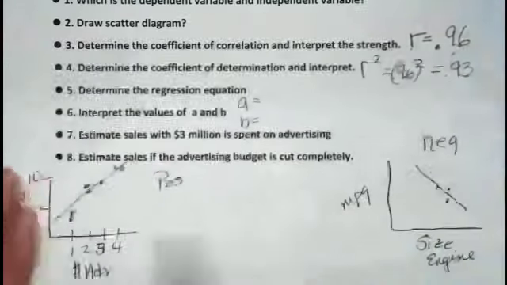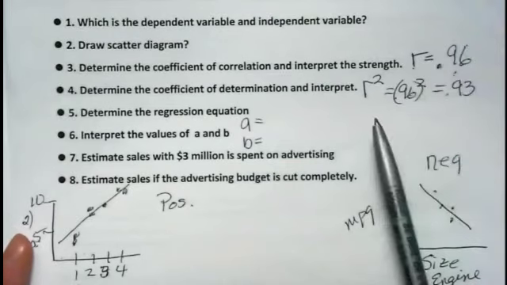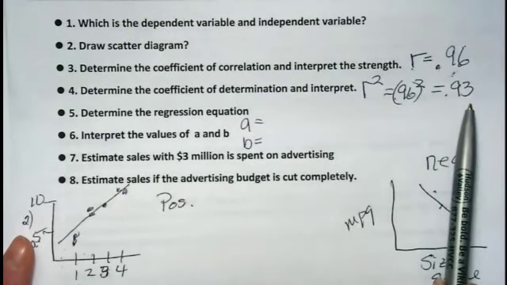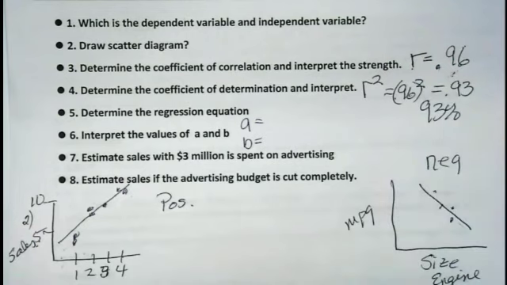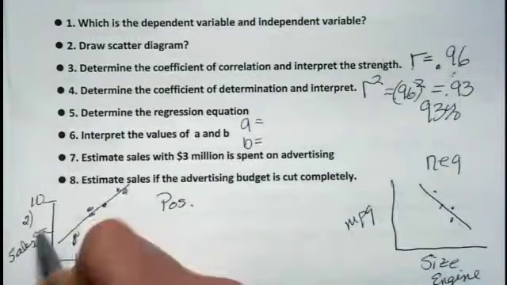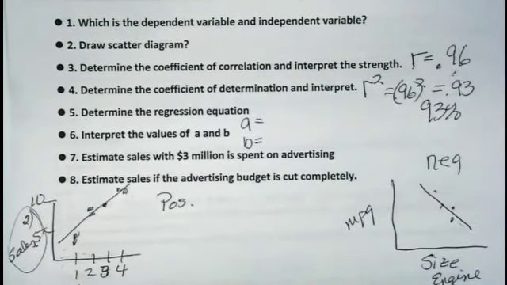Very unusual strong. So here's my plot. When I calculate R squared, I got 0.93. This is usually represented by a percent, like 93%. And what does that mean? It means 93% of my sales is attributed to how much I spent on advertising.